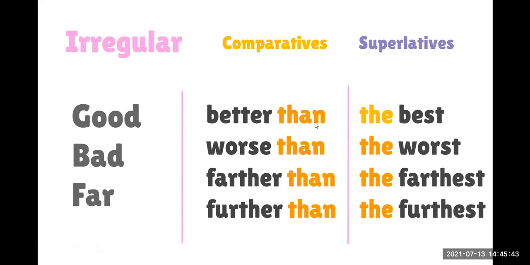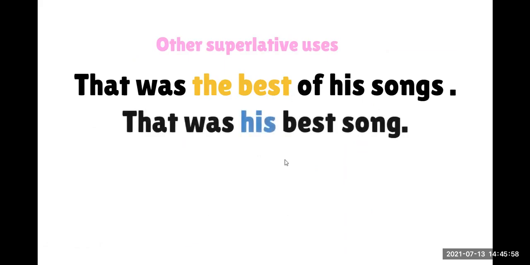And we have other uses of superlatives too. We are going to learn this. It says, that was the best of his sons. Okay, as you can see in this sentence, we are using superlative. And here we have another sentence, that was his best song.